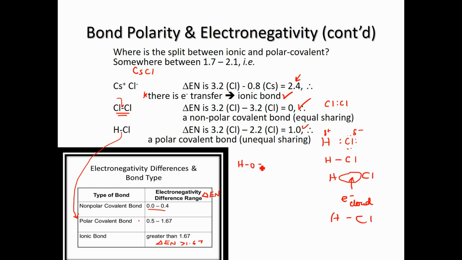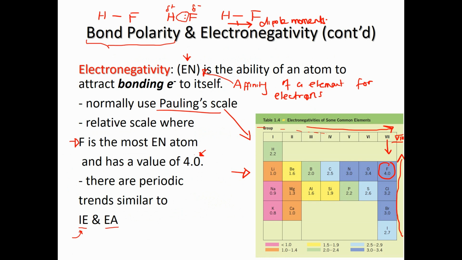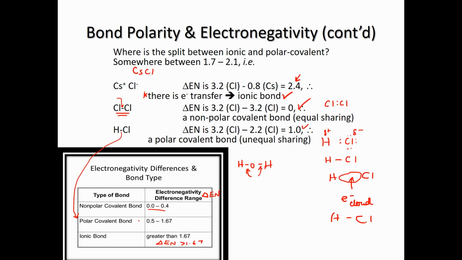Now, if you are given a molecule like water and you want to determine whether the bond is ionic, polar covalent, or non-polar covalent, you have to use the Pauling scale of oxygen, which is 3.4, and the Pauling scale of hydrogen, which is 2.2. Just focus on one side.